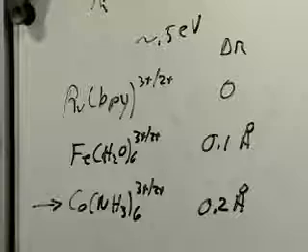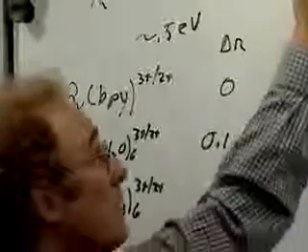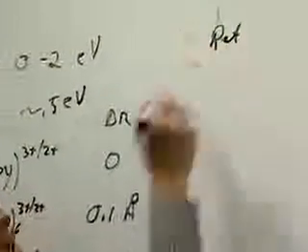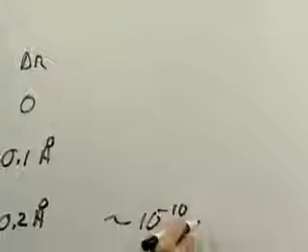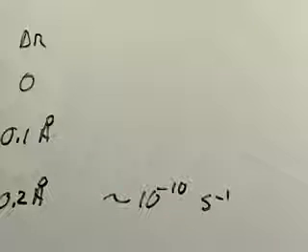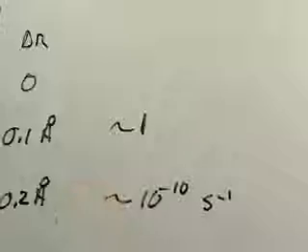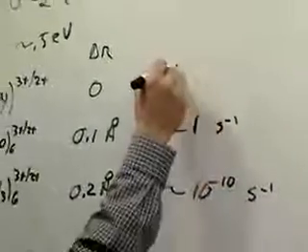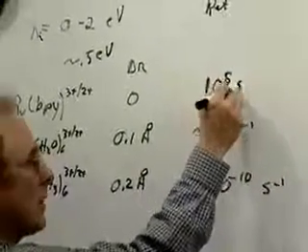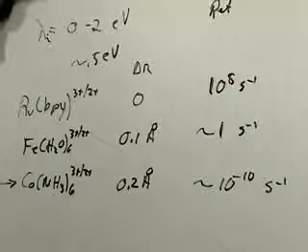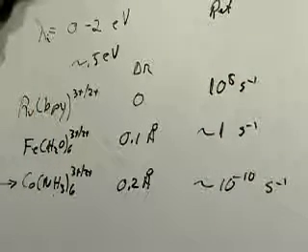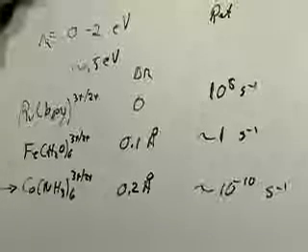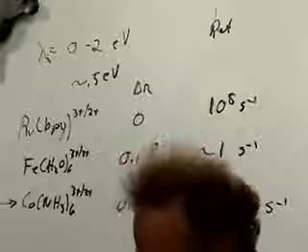And as a result, the rate constant for this, the cobalt KET, is somewhere of the order of 10 to the minus, I think, 10 seconds to the minus 1. Whereas the iron has a rate constant of about 1 second to the minus 1, and this is about 10 to the 8th seconds to the minus 1. So the rate constants actually span something like 18 orders of magnitude, and they respond very much to the lambda in.